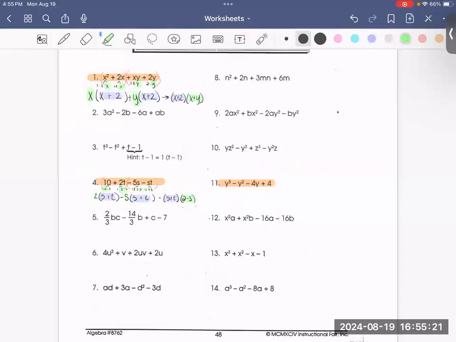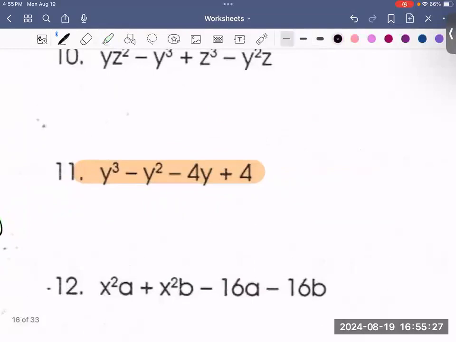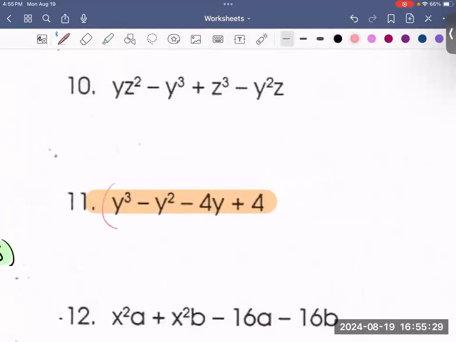Let's try it one more time with 11. Okay. So nothing in common with your first 4. So instead, let's group. We really have 1, 2, 3 y's and 1, 2 y's here.